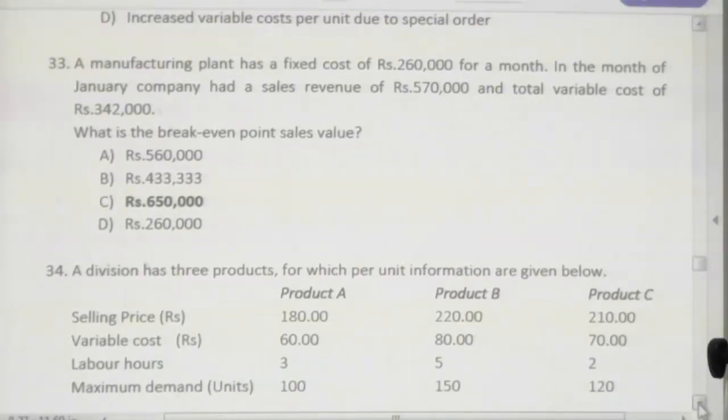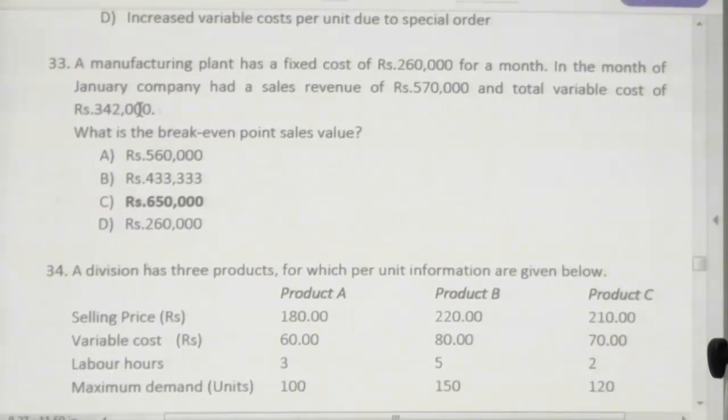Your total revenue is 570,000, then minus variable cost of 342,000, then your total contribution is 228,000. Clear? Your total contribution will be sales value minus variable cost, which is 228,000.